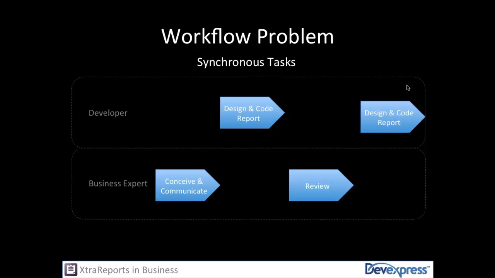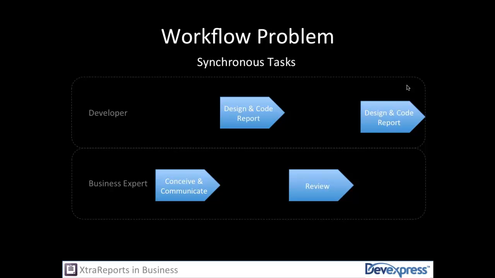And because the report involves code and database connections and all these things, the business expert can't do it. The developer designs it and codes it, and then it goes back to the business expert for review. There's obviously changes because it wasn't quite what I wanted, or I wish we could tweak this a little bit. Then it goes back to the developer, and that cycle continues.